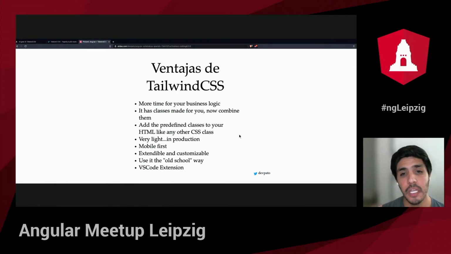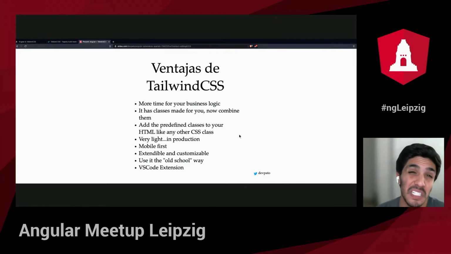You can use Tailwind the old school way, and I'm going to show you guys later on in the talk what I mean with old school. But let's just leave it open for right now. And you have a VS Code extension for Tailwind, which is going to help your developer experience to be better, right?